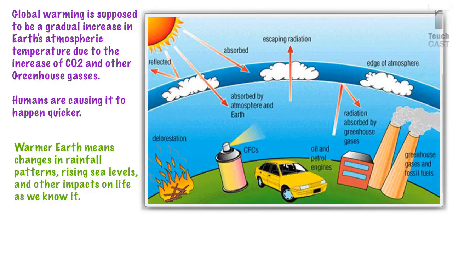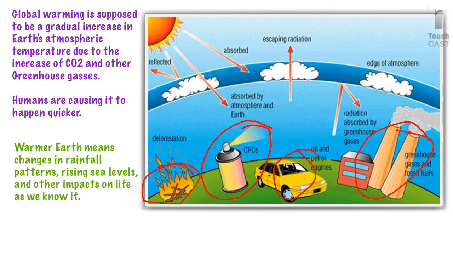So global warming is supposed to be this nice gradual increase in the Earth's atmospheric temperature due to the increase of carbon dioxide and other greenhouse gases. But unfortunately, humans are causing this to happen a lot quicker, because we have things like chlorofluorocarbons, CFCs, all the exhaust from our awesome engines, power plants that are giving off greenhouse gases, and deforestation, getting rid of the forest, not being able to get all the oxygen and everything like that.